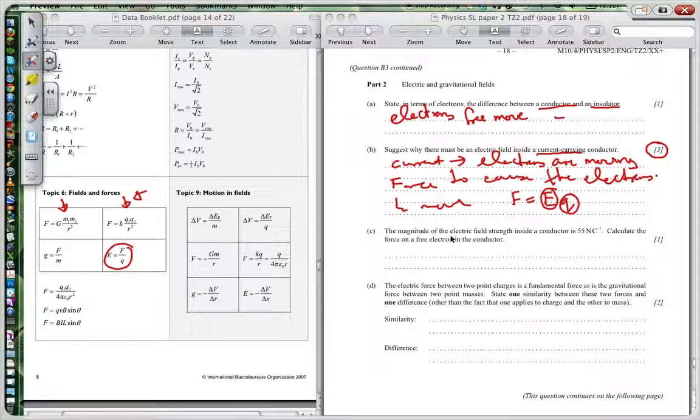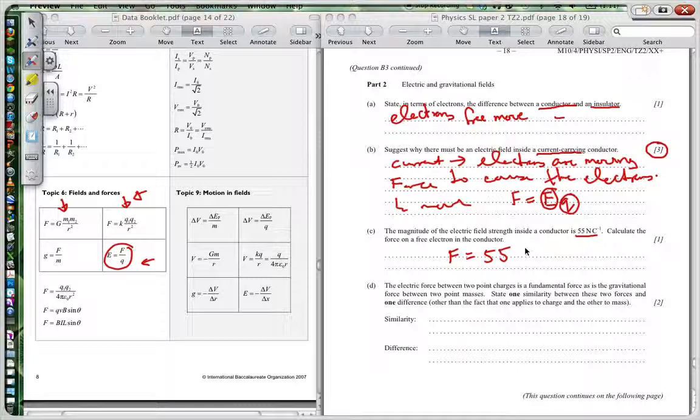So the magnitude of the electric field inside a conductor is 55 newtons per coulomb. Calculate the force on a free electron in the current. So we're going to use that formula as we got there. We've got force equals E times Q. This is my E, so this is 55.